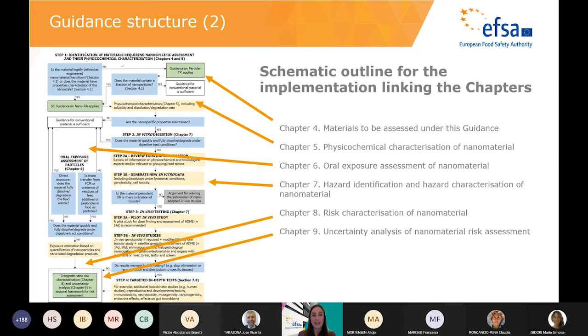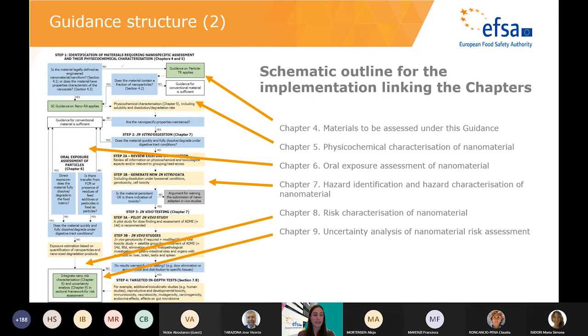The first one is identification of materials requiring nanospecific assessment and their physicochemical characterization. After this first step, the following is in vitro testing and in vivo testing and targeted in-depth tests. In parallel, the oral exposure assessment, and then in the end, the risk characterization of the material and the uncertainty analysis.